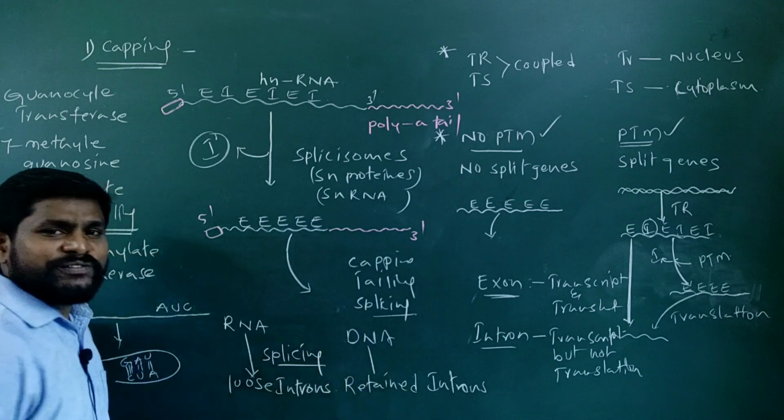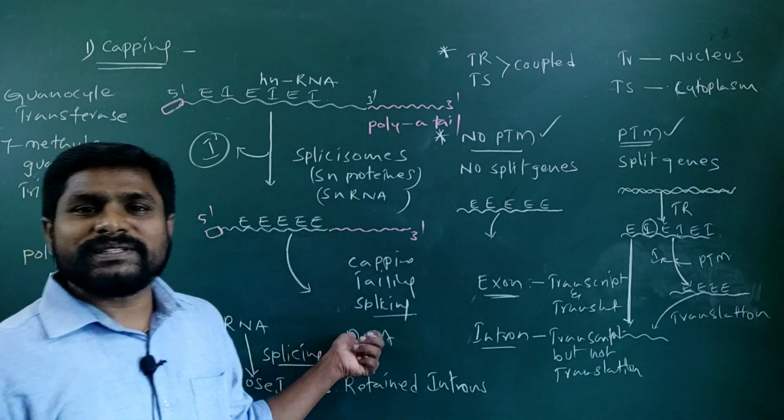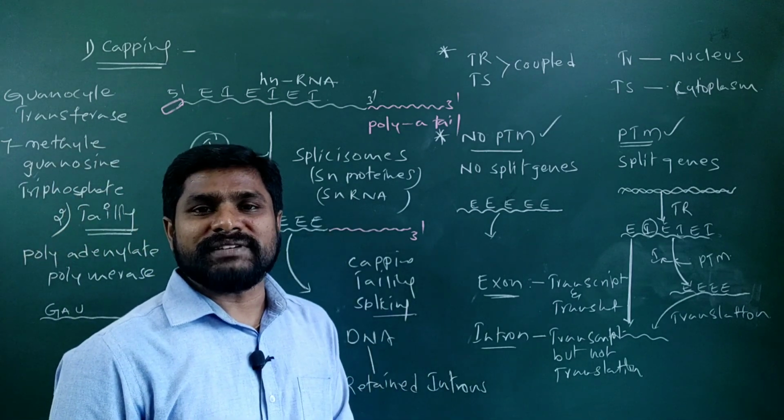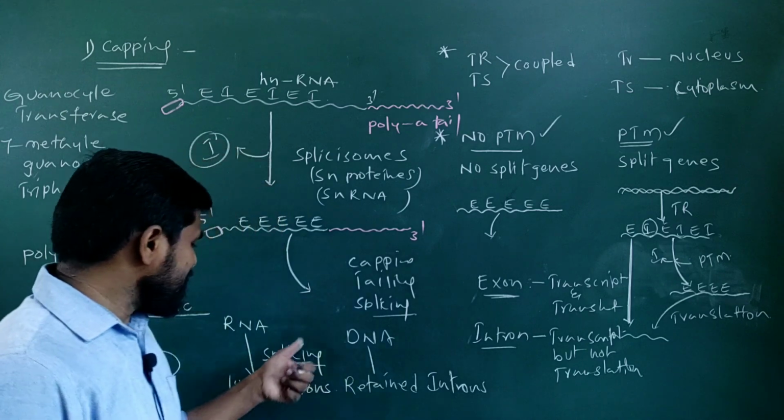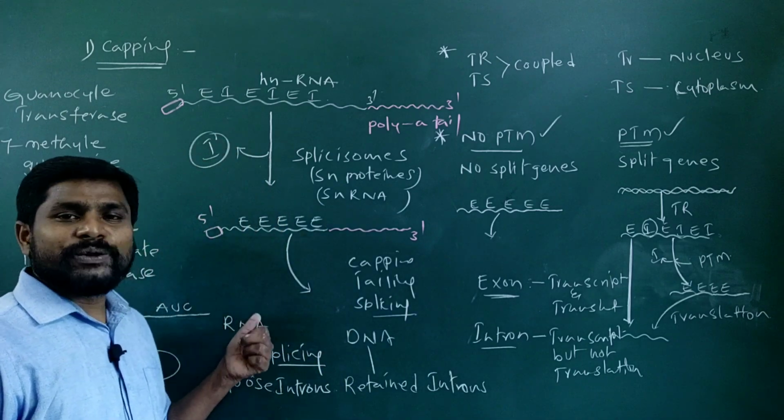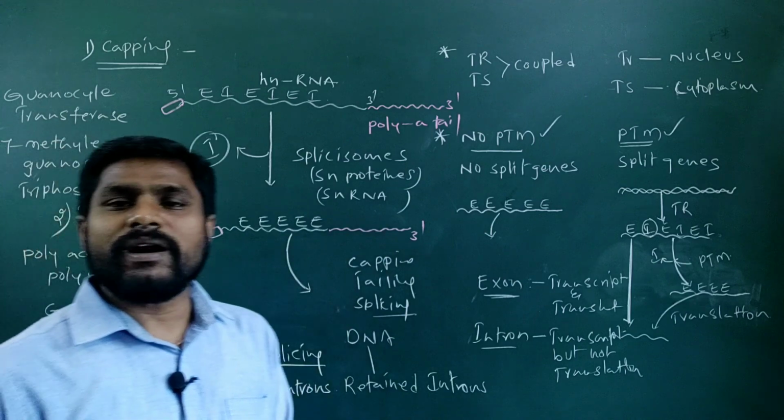Hence, the presence of introns in eukaryotic DNA represents the reminiscent of antiquity, and the evolution of a splicing mechanism around the RNA molecule represents the dominance of the RNA world.